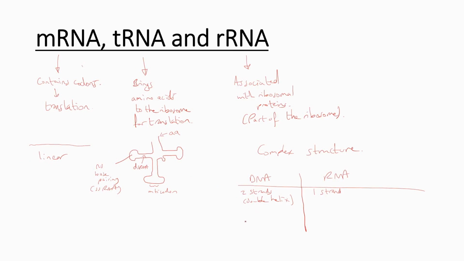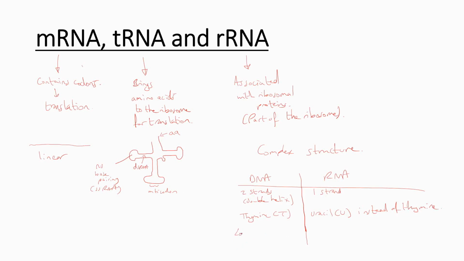Also, in DNA, we have thymine, or T. In RNA, we have uracil, or U, instead of thymine. And I'm being very specific here, and I'm spelling out the point that uracil replaces thymine.